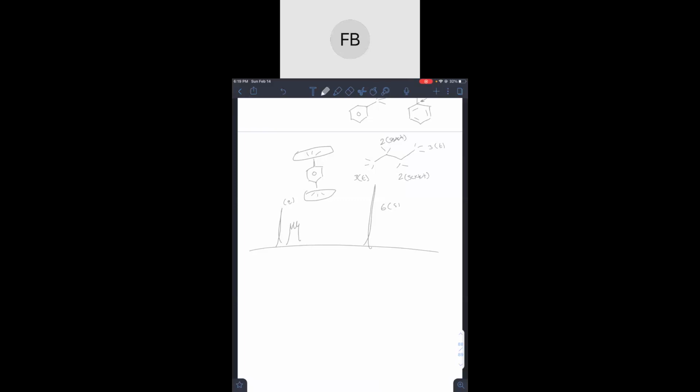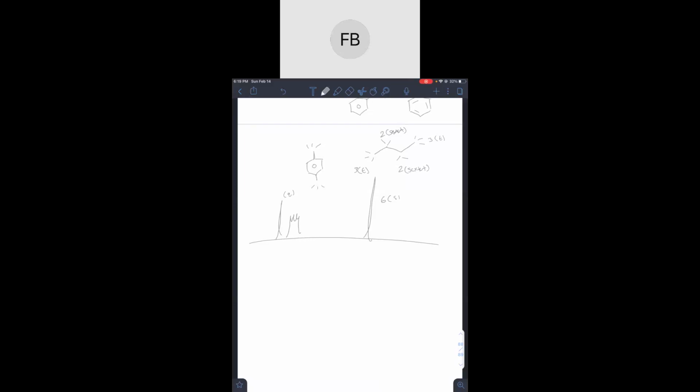So that's how we kind of know it's para, but you guys don't need to know that it's para yet from that. There's another way to tell if it's para. So anyways, each of these hydrogens has adjacent 0 hydrogens to it, so that's why they're singlets.